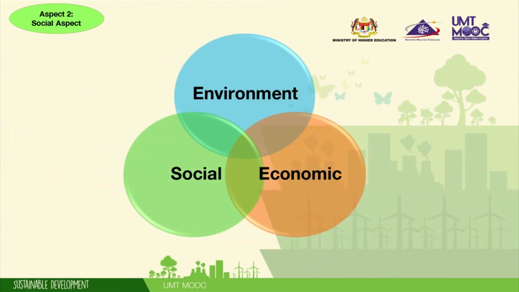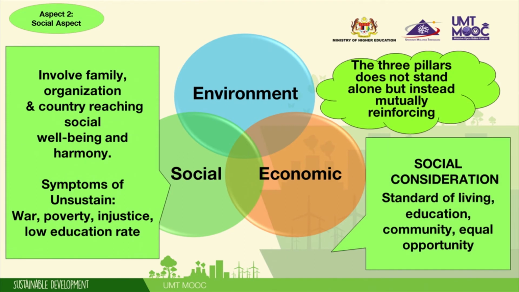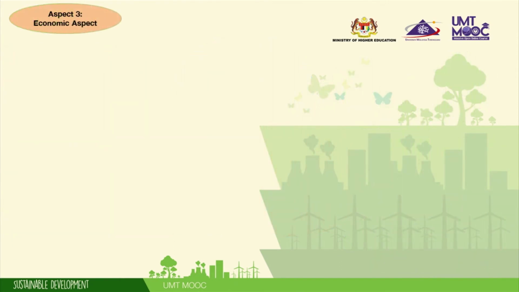The social aspect plays an important role in sustainable development. The concept of social sustainability is considered as standard of living which involves family, organization, country, community, and equal opportunity. Unsustainability of the social aspect may cause serious problems such as war, poverty, injustice, and low education rate in the community.